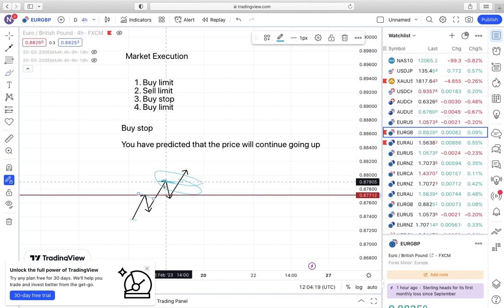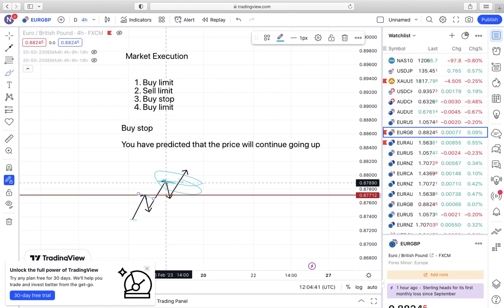But when the price goes against you, you will be in negative. But you predicted that when the price reaches here, your price movement will still be an up movement, on a bullish momentum.